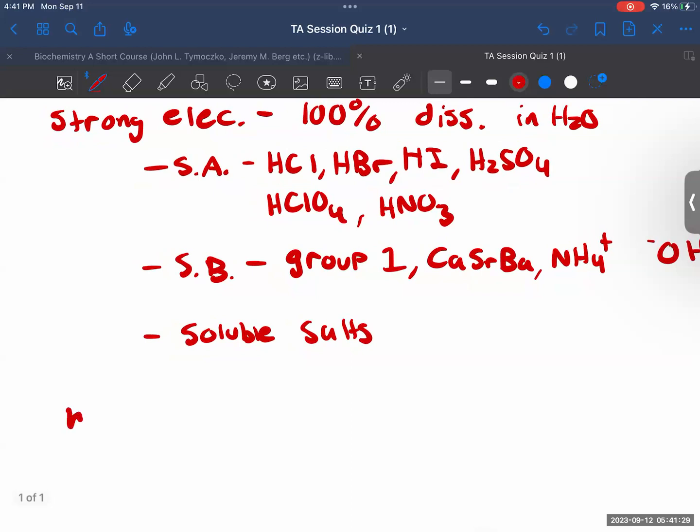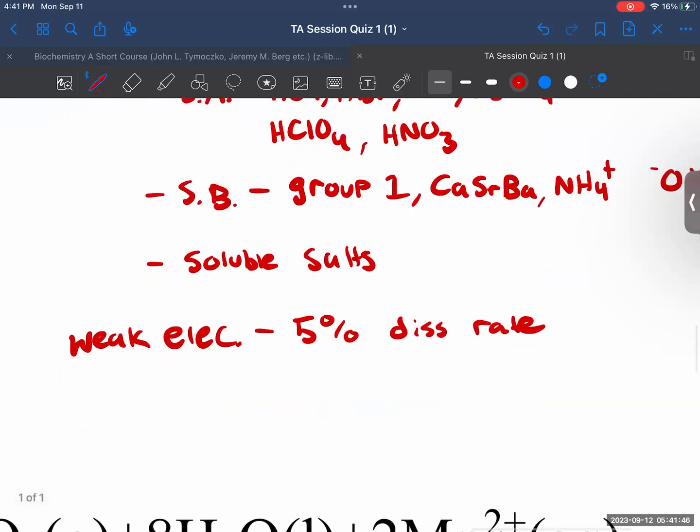All right, so weak electrolytes. These dissociate in water around 5% of the time, so a 5% dissociation rate. These are going to be weak bases and weak acids.